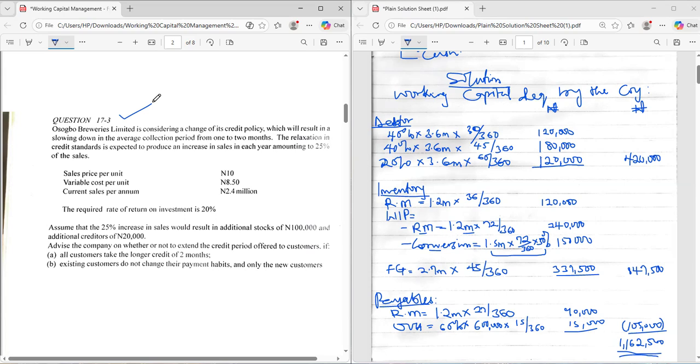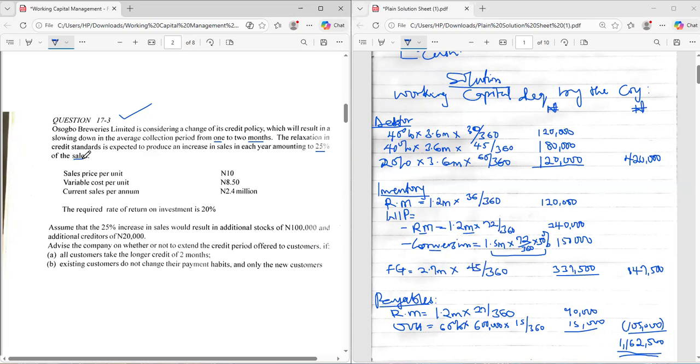Oshogbo Breweries Limited is considering a change of its credit policy, which will result in a slowing down in the average collection period from 1 to 2 months. The relaxation in credit standards is expected to produce an increase in sales in each year amounting to 25% of the sales. Sales price per unit 10 naira, variable cost per unit 8 naira 50 kobo.